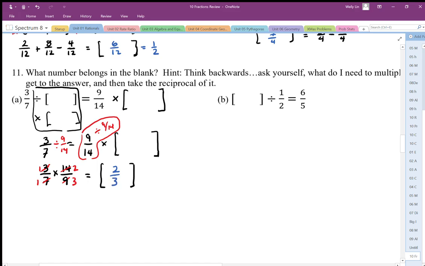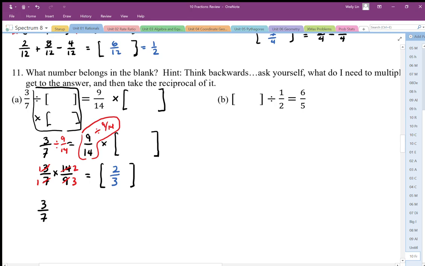So that unknown fraction, if I say 7 over 3 divided by 2 over 3 equals 9 over 14. I better just double check that because this is a little bit hard to think through. So 3 over 7, and I'm going to do the shortcut here.